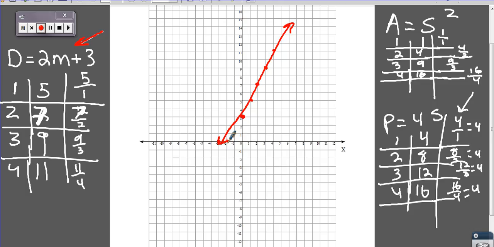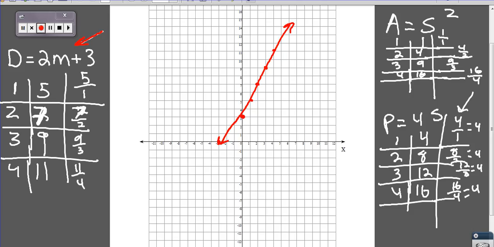It makes a nice straight line, doesn't it? But it does not cross 0. Therefore, it's not direct variation because it has to go through 0. This one does not go through 0, even though it's a straight line.